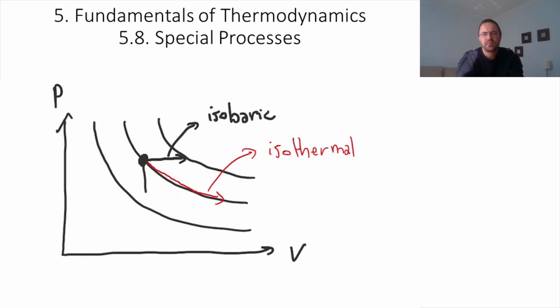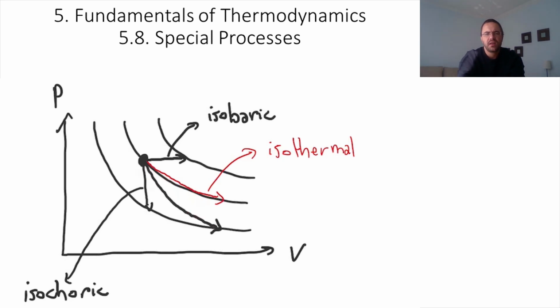For an isochoric process, we have a constant volume. And for an adiabatic expansion, the temperature will decrease, so we arrive on a lower isotherm. This kind of diagram is very useful because remember, you can use this to calculate the work done by the gas, by taking the area below the curve.